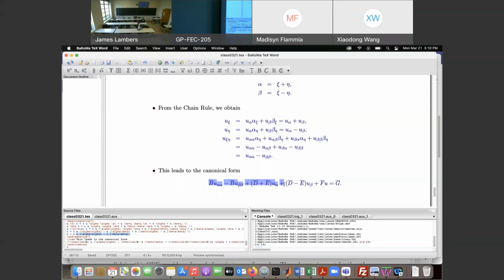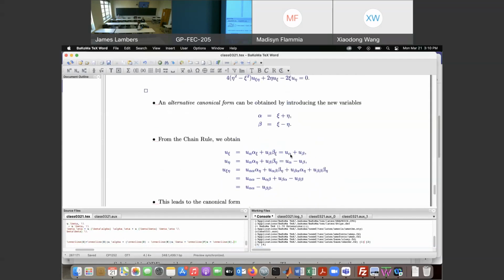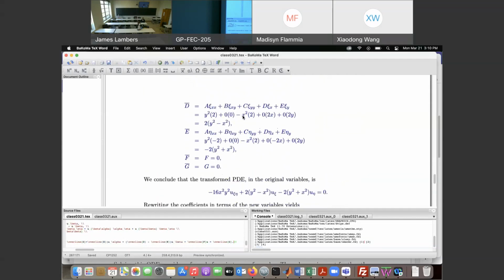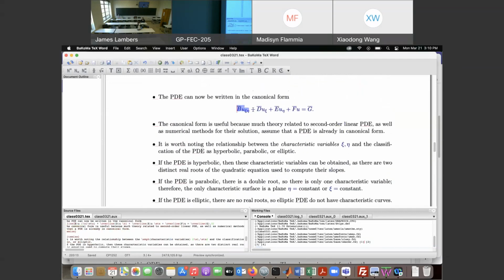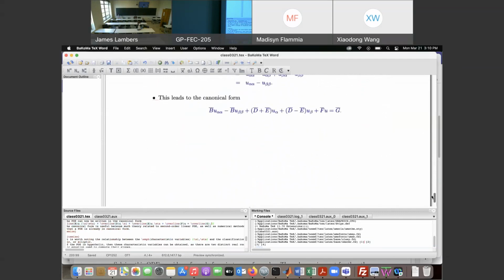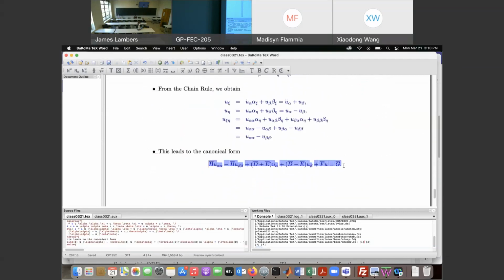So you can recognize from things we've seen before that both of these are forms of the wave equation. So this is the canonical form that you get, in terms of the coefficients. If you made the first change of variable to get to here, then the new coefficients for this alternative canonical form are given here. The coefficient of your second partial derivative terms does not change. Then you can take simple combinations of d bar, e bar to get the coefficients of your first partial derivative terms here and here.